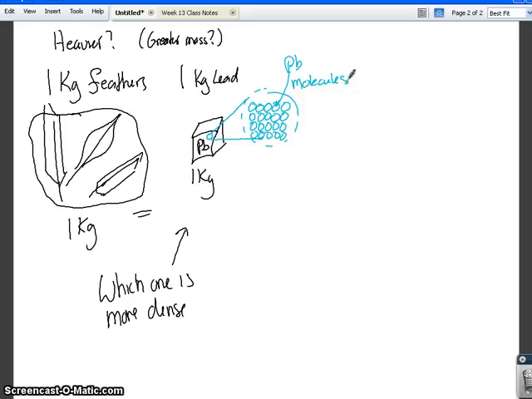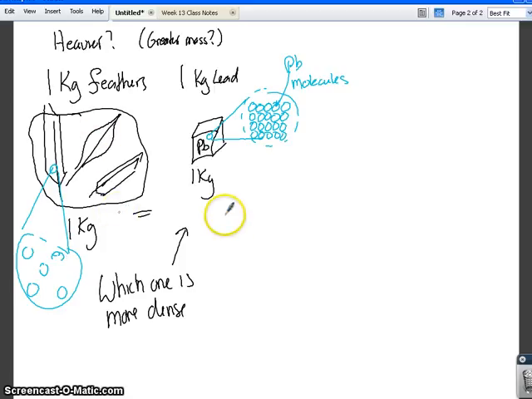If we did the same thing over here, and we zoomed in on these feather molecules, we would notice these are very, very spread apart. Notice how close these are together versus how close these are together. So density really means how much mass does one space take up.